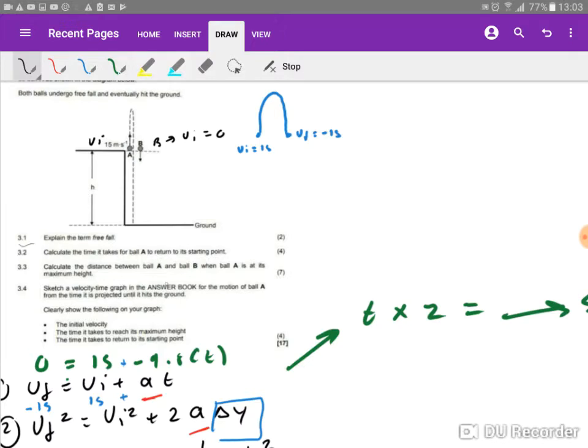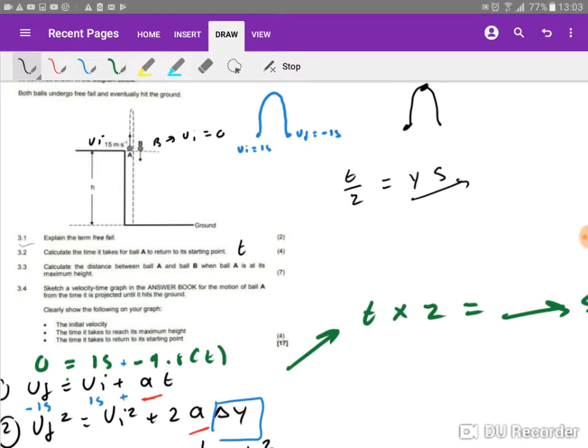Calculate the distance between ball A and ball B when ball A is at its max height. Okay, so once we have the whole t from the previous question, whatever that answer was, if we divide that t by 2, we're going to get some other t, let's call it y seconds. Now this y seconds is the time it takes for ball A to reach the max height at the top.